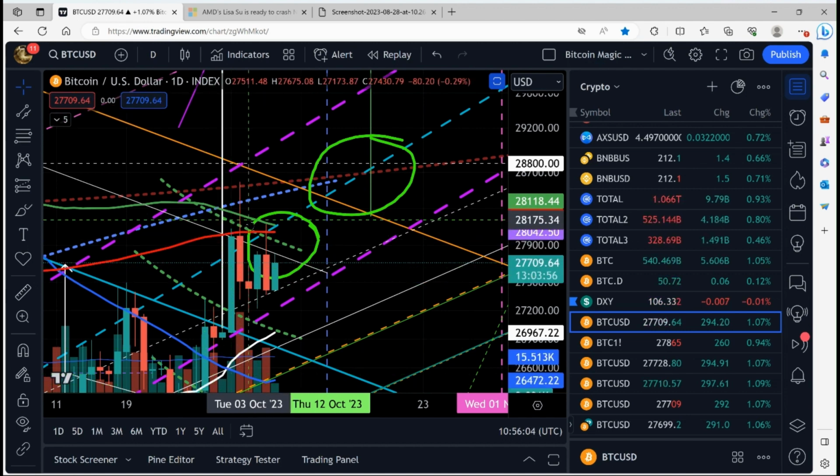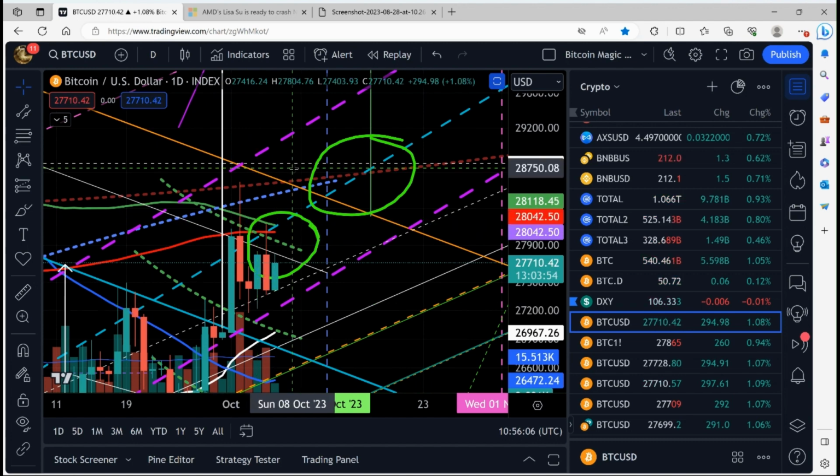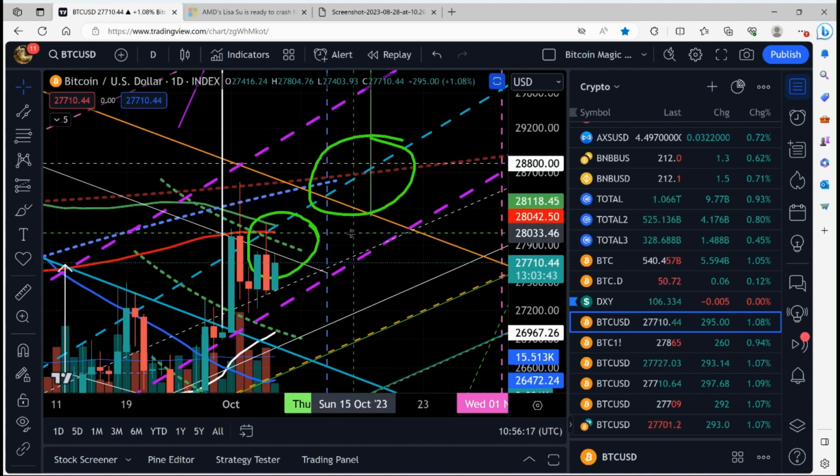I've traced these so that they're visible on different time frames without having to pull the channel up and have everything change color and get confusing, because my chart is confusing enough as it is. So you've got to stay focused. I'm just not going to remove any of these lines right now. It's too much of a pain because I draw them pretty exactly, and it takes a long time.